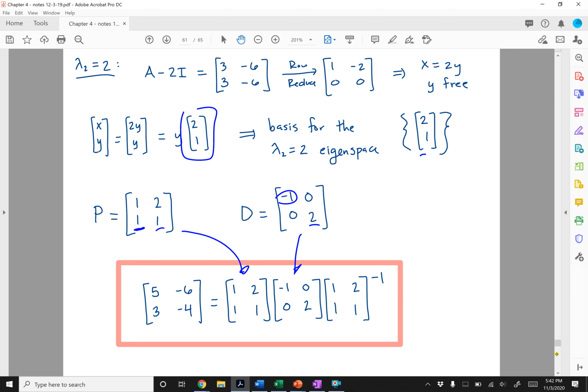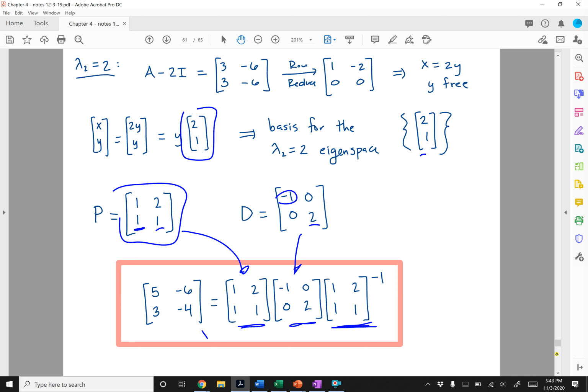And the last thing we do is we take this matrix and find the inverse and put it at the end. This is the same structure that we did with the rabbits and foxes, because this will take a matrix with the standard basis and translate it into coordinates with the eigenbasis, and then it does this transformation to it in the eigenbasis, and then this translates it back to the standard basis.